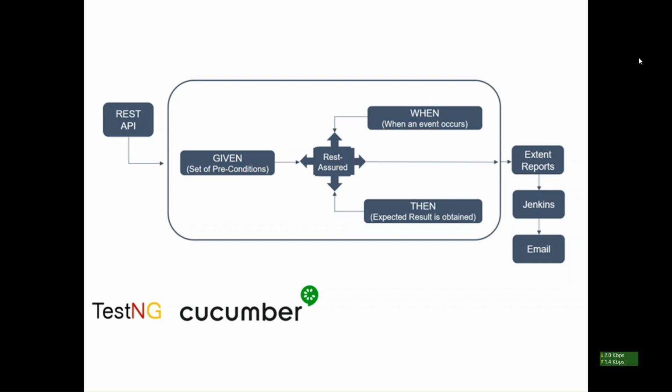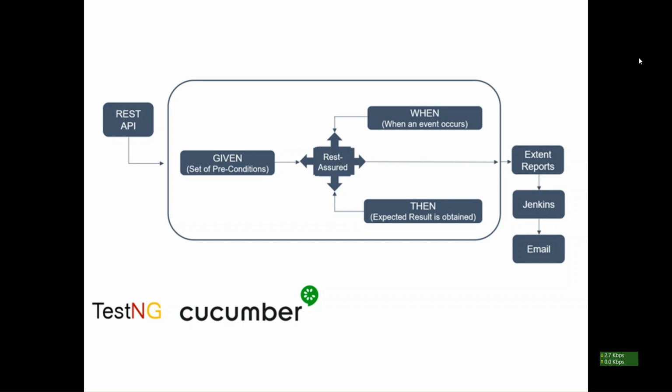Then is used for the different validations we saw in the previous slide: status code, status line, content type, headers. We use asserts and Hamcrest to perform different validations. We generate Extent reports or Allure reports based on the scenario, integrate with Jenkins, and trigger a mail after the Jenkins execution. So this is the general flow which we follow in Rest Assured.